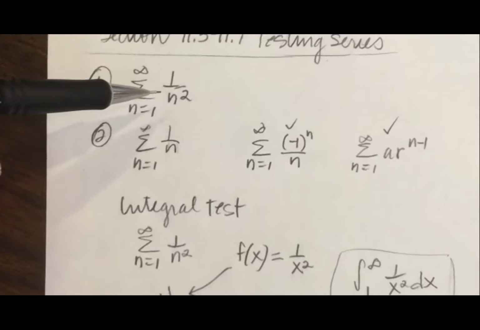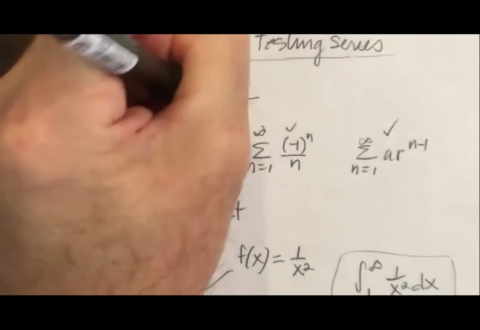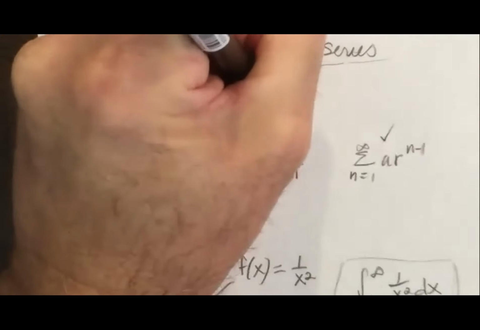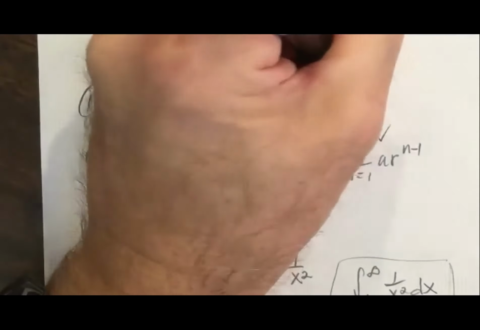So we can't finish off the test. But for p-series, it works great. And in the end, what we end up with is the sum, n equals 1 to infinity, of 1 over n to the p. And we can classify all of these. If p is greater than 1, it converges.